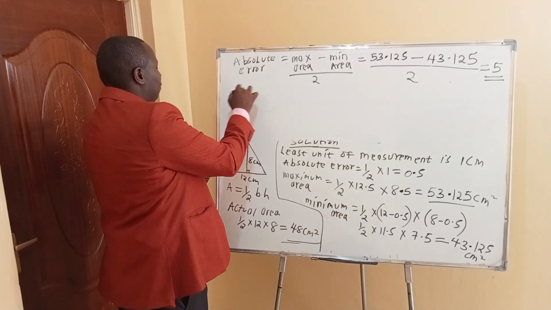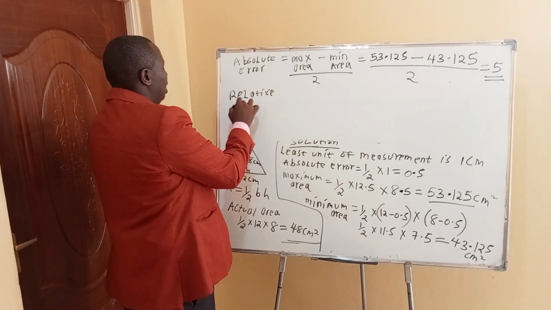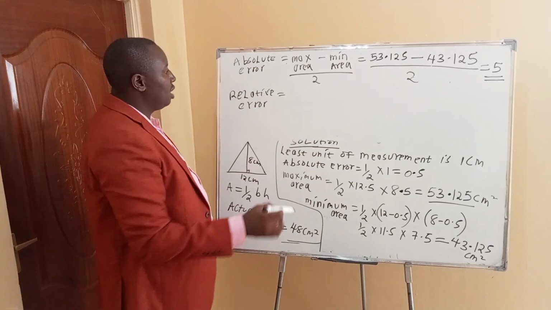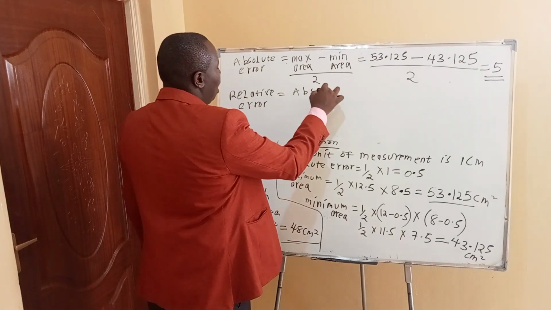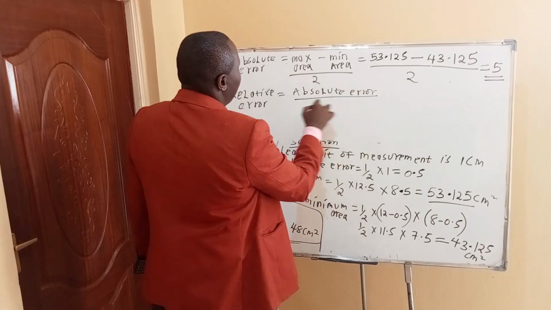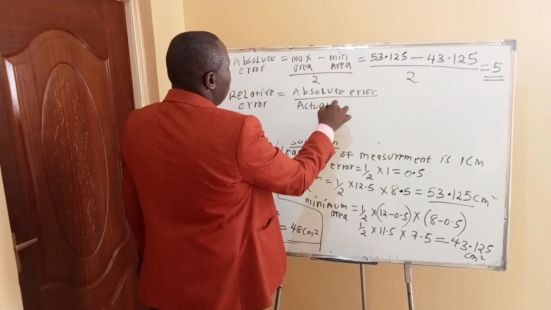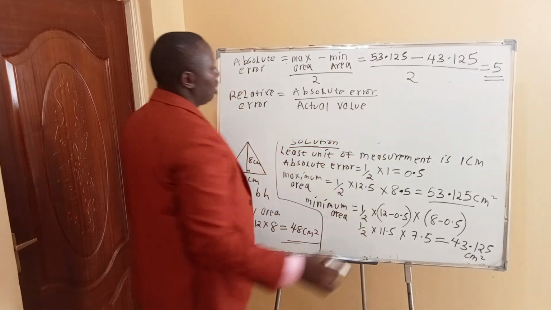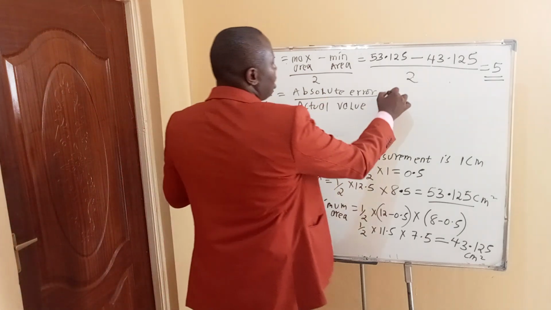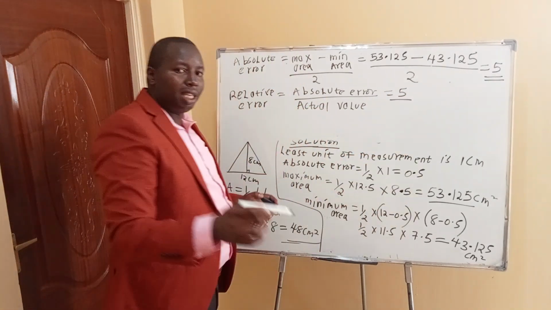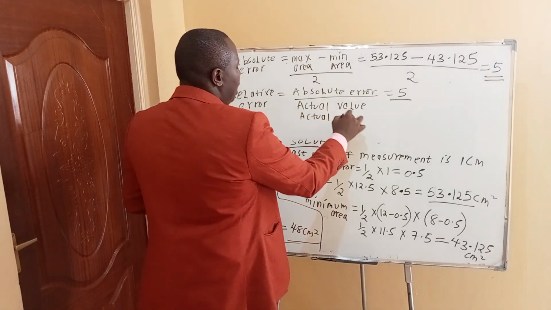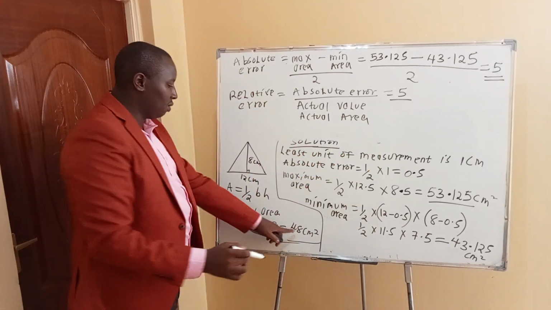Then you find the relative error. The relative error is equal to the absolute error divided by the actual value. The absolute error in this case is 5. The actual value is the actual area, which we got as 48.